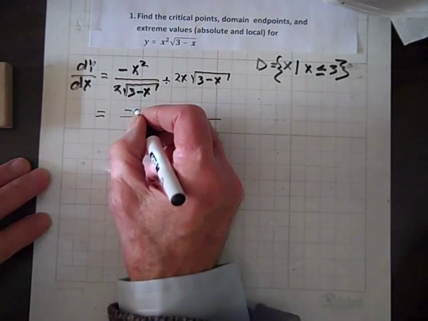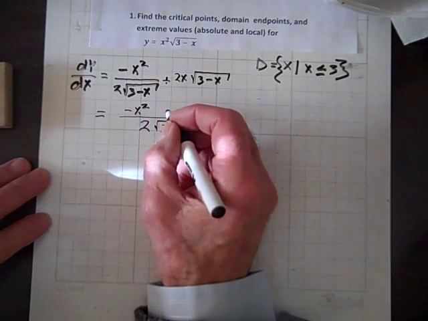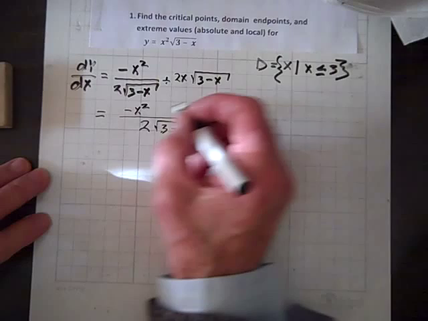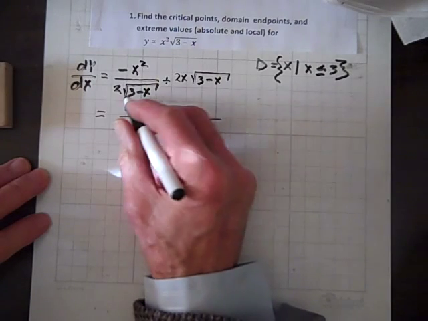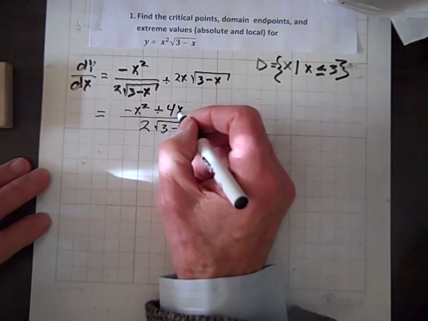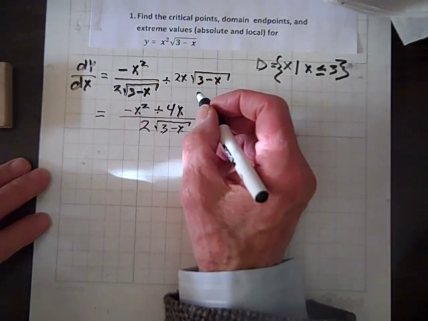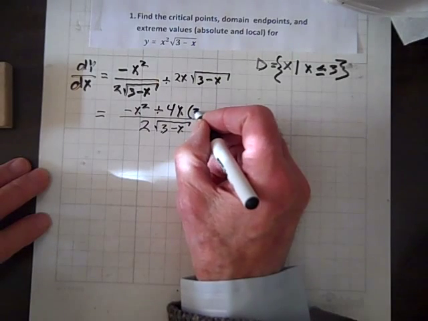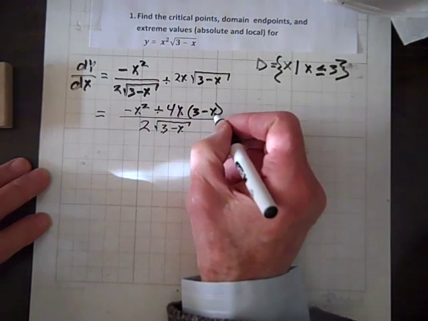And so we have a negative x squared here, and multiplying numerator and denominator by 2 root of 3 minus x, we get plus 2 times 2 is 4, there's our x, and the product of root 3 minus x times root 3 minus x is 3 minus x.